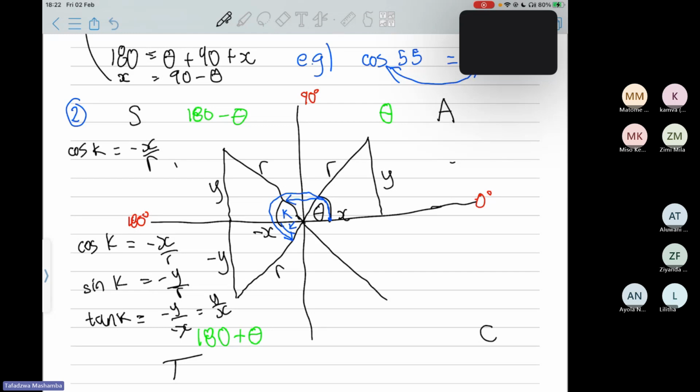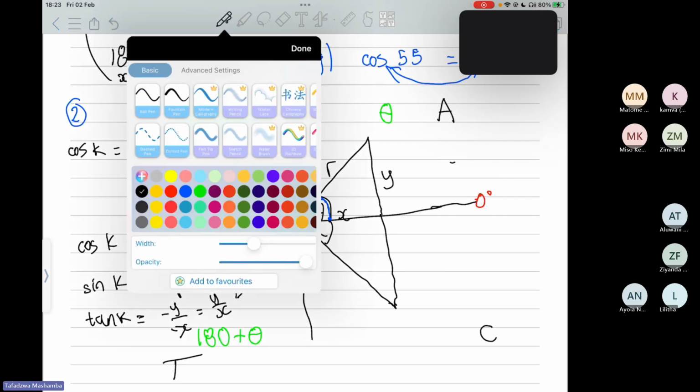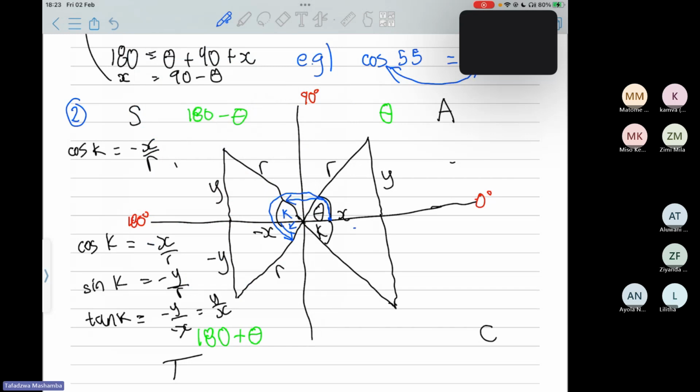Okay. Then lastly, in this quadrant, we call it the cos quadrant, we basically have theta, sorry, not theta, k, right? And in terms of k, remember, we continue with our revolution, and it goes all the way up there.